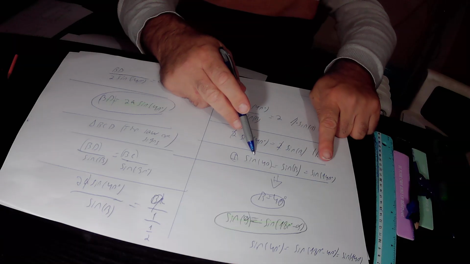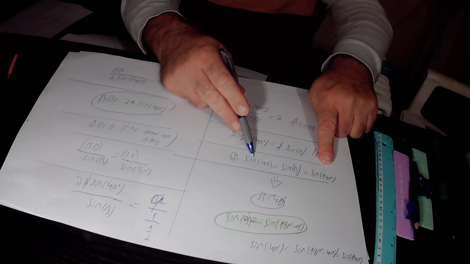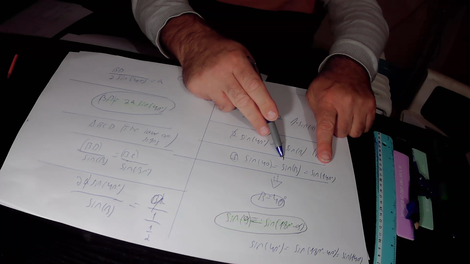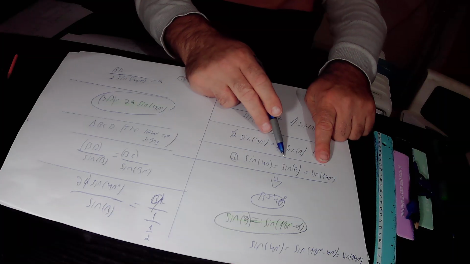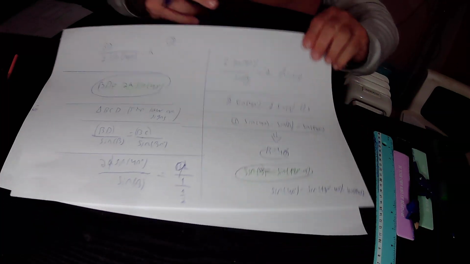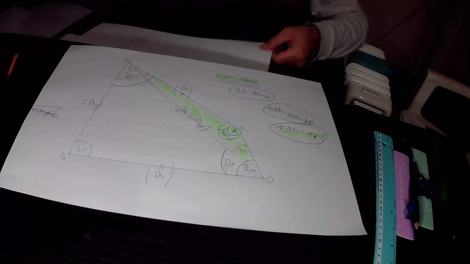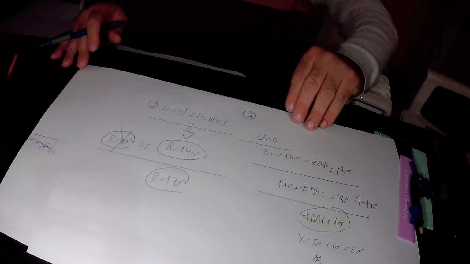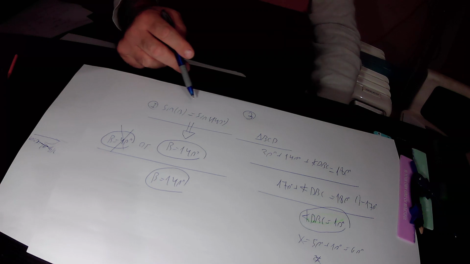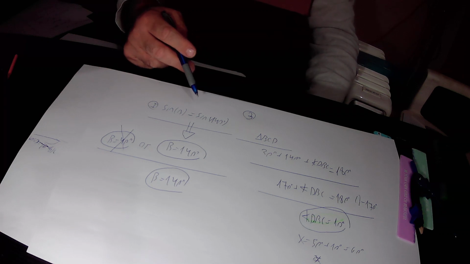From this equation, since both are equal to sin 40 degrees, sin beta equals sin 140 degrees.